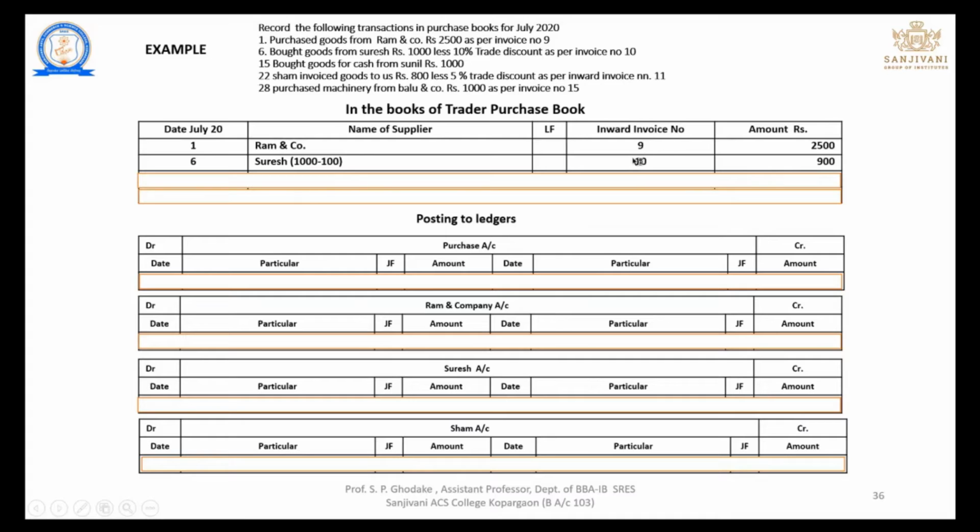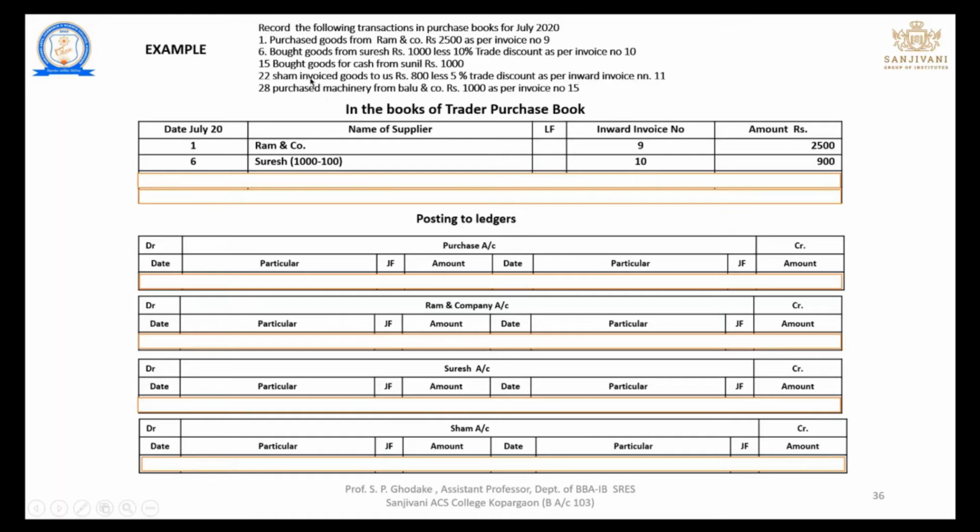Then on the 15th, bought goods for cash from Sunil. It is a cash transaction, and cash transactions are not recorded in the purchase book, so we are not going to write it in the purchase book. Then on the 22nd, Sham invoiced goods to us, rupees 800 less 5% trade discount as per invoice number 11.